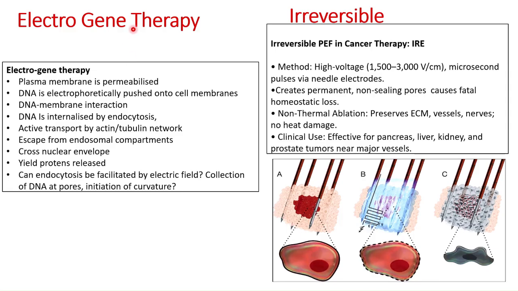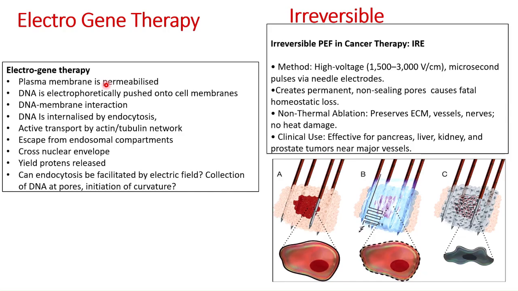Okay. So the other example is electrogene therapy. In electrogene therapy, as Dr. Arvind mentioned, your idea is to put a gene into the cell with a DNA minicircle plasmid as a vector in this case. And the electric field parameters now are completely different. The mechanism also is quite different.